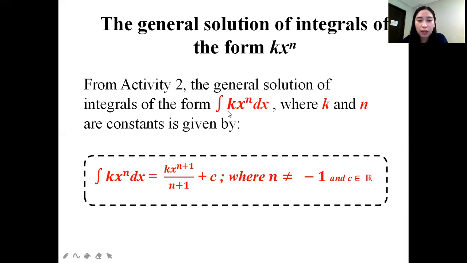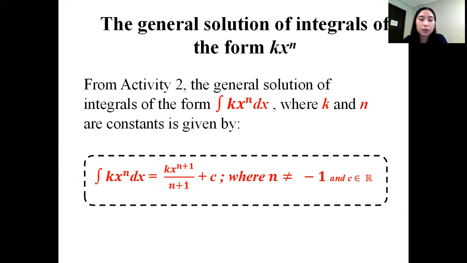So integral of kx^n dx, where k stands for constant, and n are constant, given by, so mao ni ang iyahang theorem. So integral of kx^n dx is equal to, so ang iya daw integralan na kay naa daw sa form nga kx^(n+1).